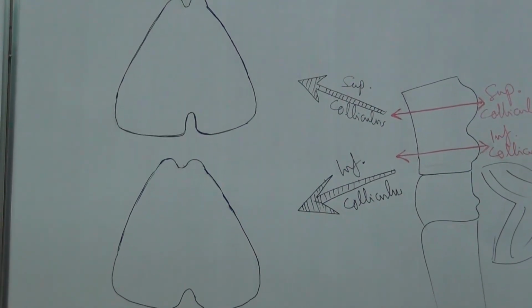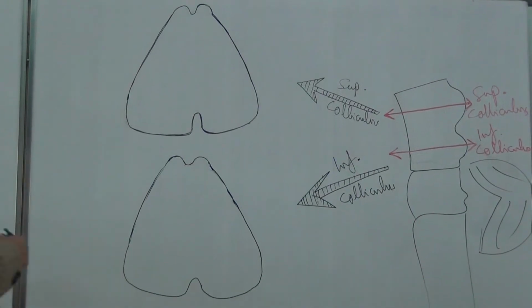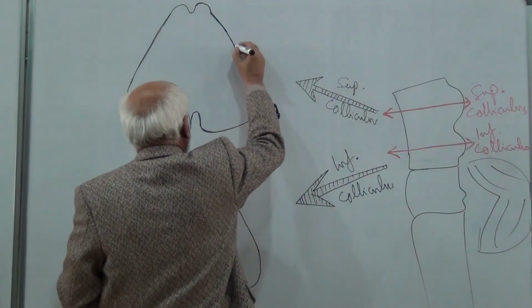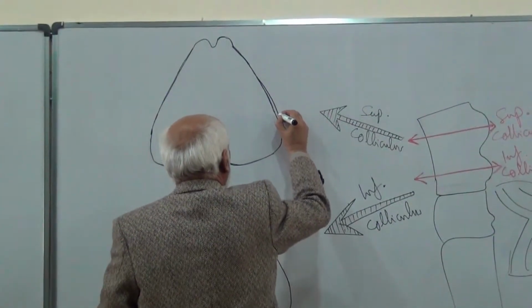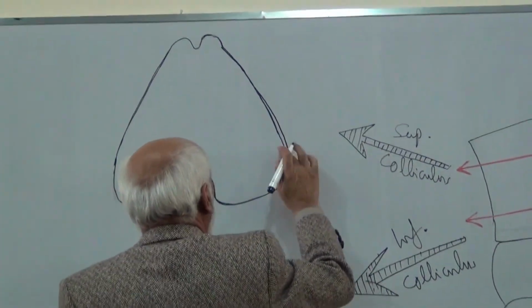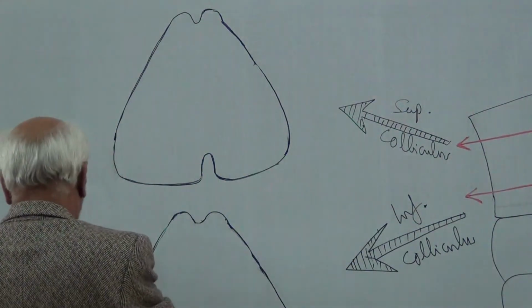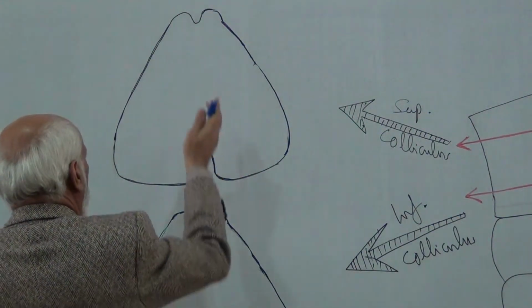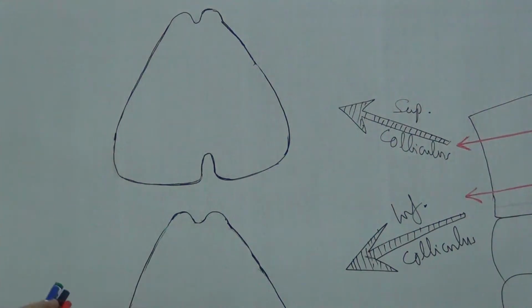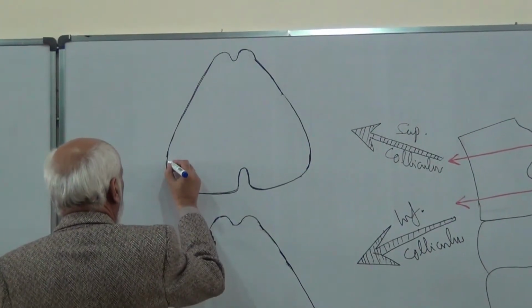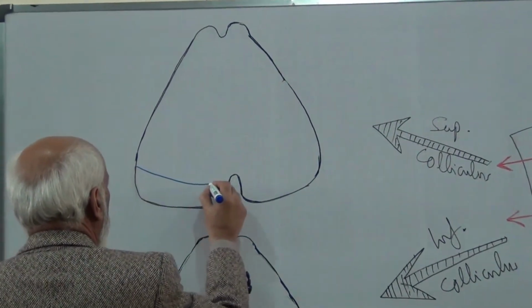Now first of all, what is the structure of the midbrain at the level of superior colliculus? Now, as I told you, each half of the midbrain is known as cerebral peduncle, which comprises the crus cerebri anteriorly.